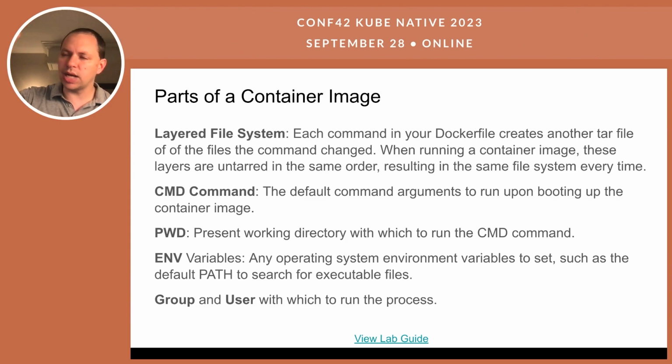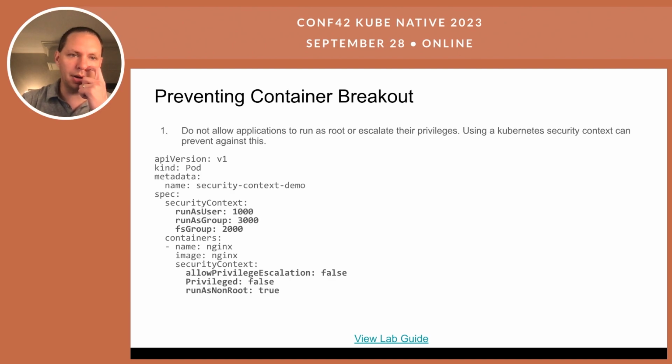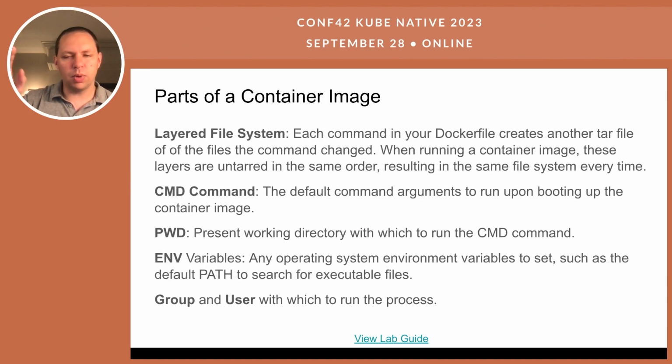And if you've ever seen a Dockerfile, which we'll look at in a moment, a Dockerfile has a series of steps, and in each step it figures out what files changed, and then it tars them up. So then when you're downloading a Docker container, you'll see it saying downloading a whole bunch of files. Each of those files was a step in the original Dockerfile.